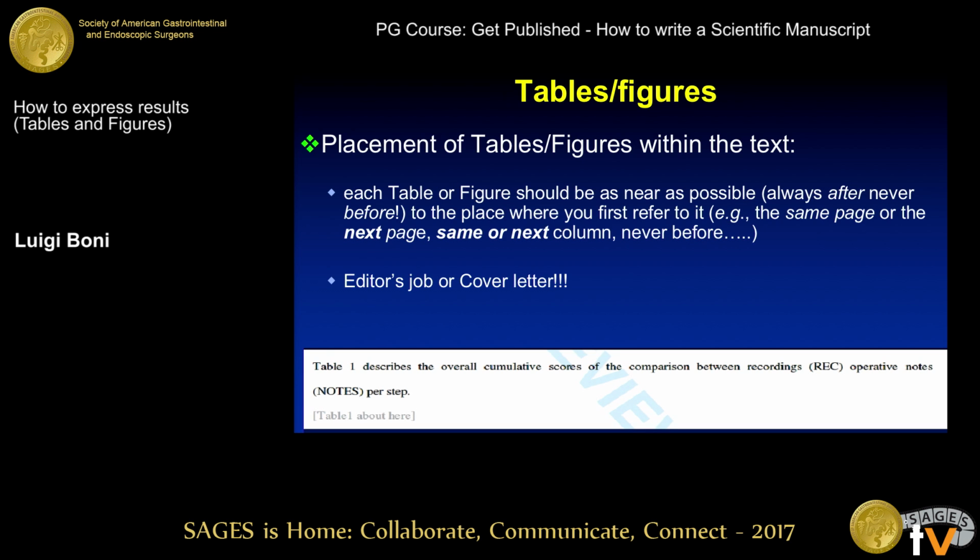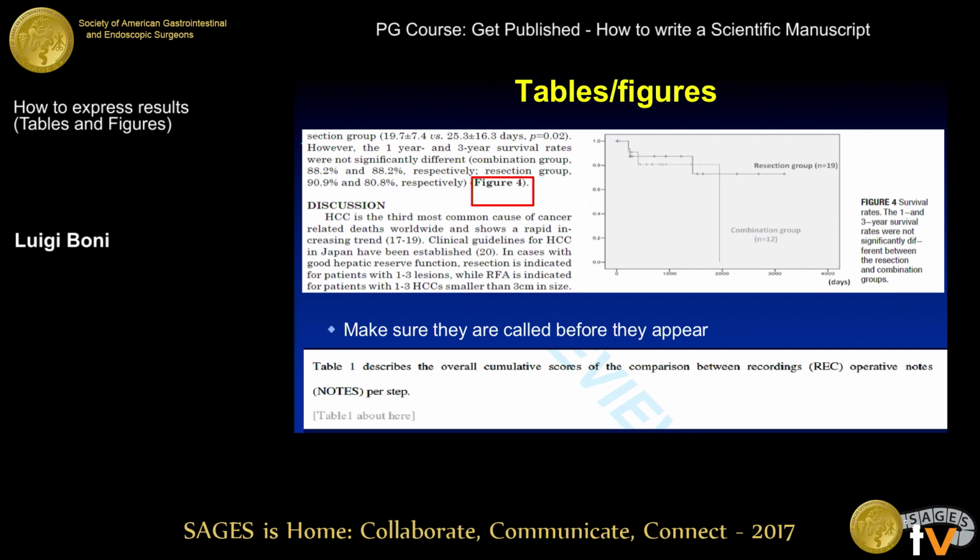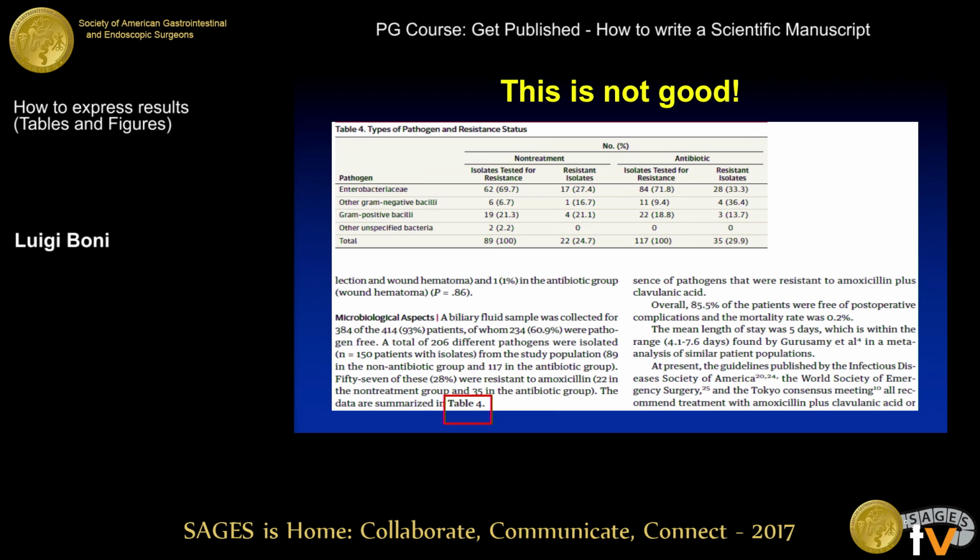That is an editor comment during the draft review of the paper itself. Usually you have to quote and mention the table or the figures in the text before they appear. For instance, here is not good because you can see the table is before it's been quoted.